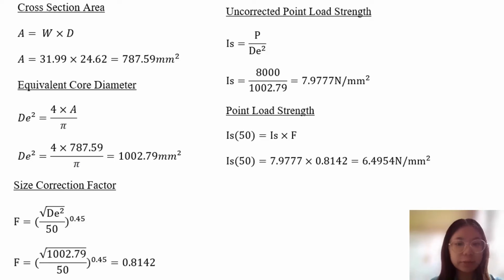We just substitute the value we get from the previous calculation to get the point load strength. And last step of calculation, we need to calculate the corrected point load strength. And finally, we can get 6.4954 Newton per millimeter square as the point load strength for our sample 1.